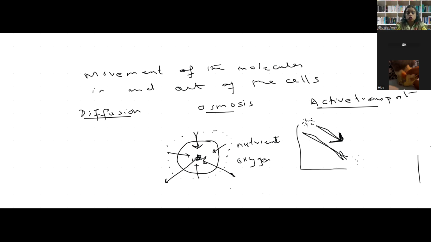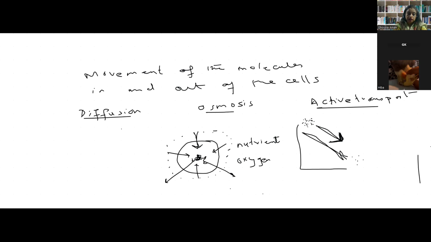It means that the cell membrane is not going to hamper the process of diffusion. Did you understand this, Hiba? In our cells also, how oxygen and nutrients come from the blood to our cells is just by the simple process of diffusion.